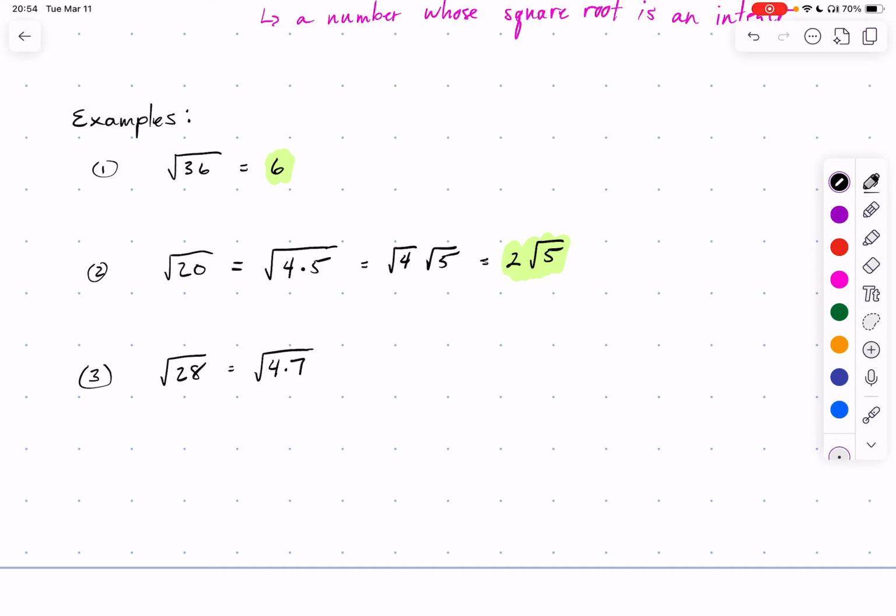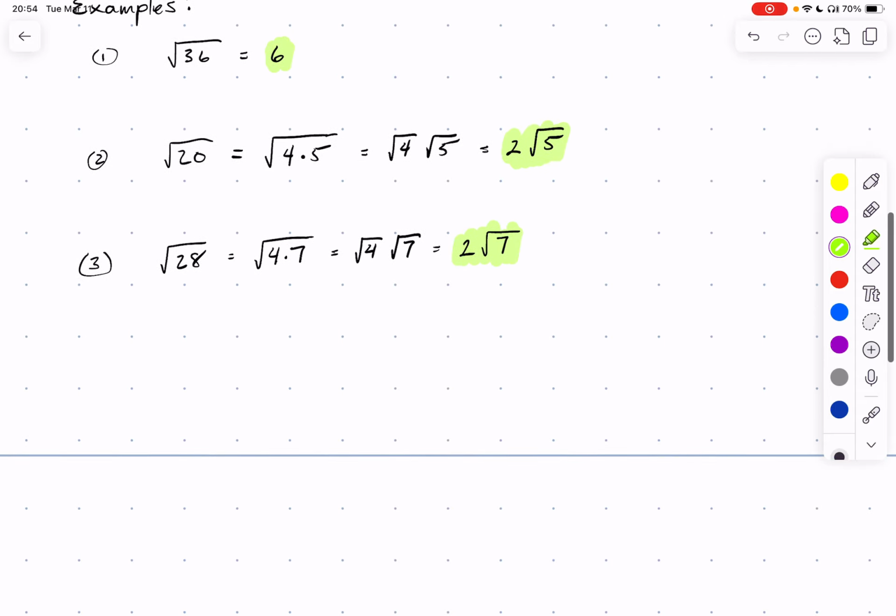So square root of 28 is equal to the square root of 4 times 7, which is equal to the square root of 4 times the square root of 7. And the square root of 4 is just 2. And again, 7 is a prime number, so there are no perfect square factors in there. So it's just 2 times square root of 7. So that is the simplified form of that.